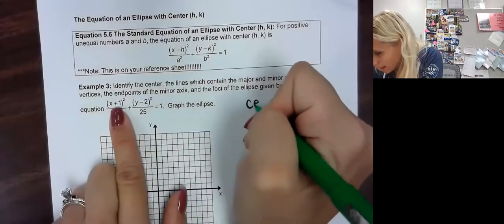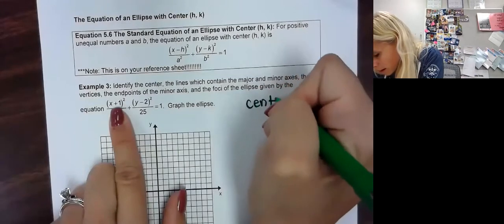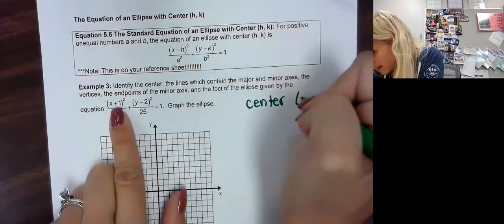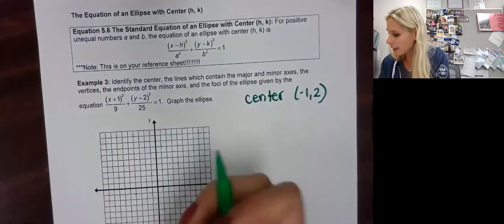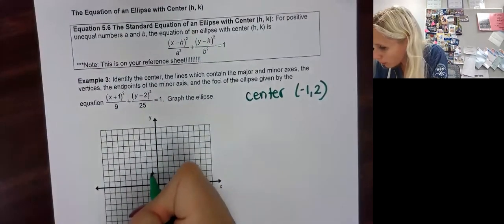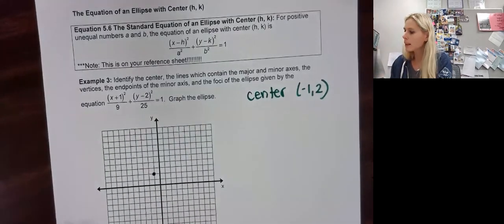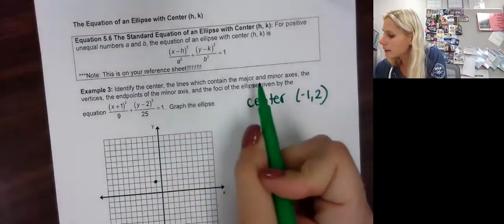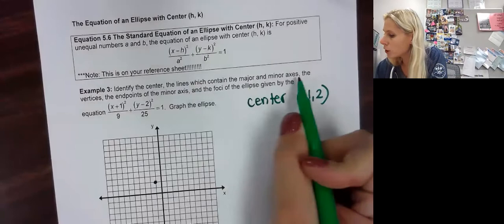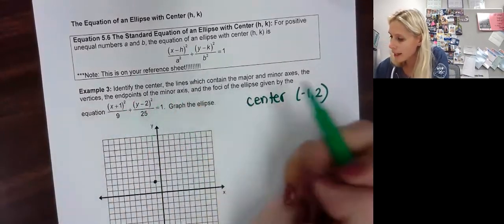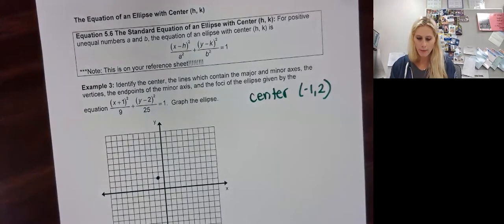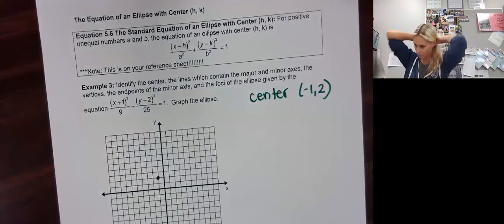So right away, the center is -1, 2. I'm going to graph that, -1, 2. And there's my center. Now, the lines which contain the major and minor axes, the vertices, and the endpoints. So we have a lot to make sure that we identify.